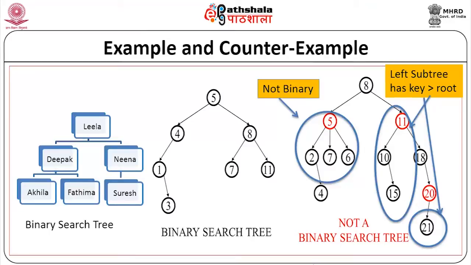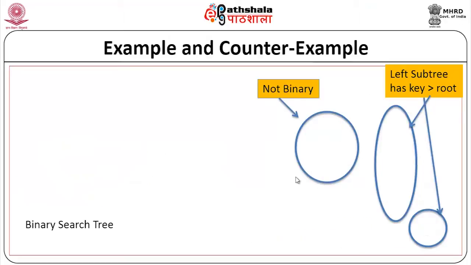There are different reasons why it is not so. If you look at this part of it, it is not a binary search tree because it is not binary, that is obvious. Then in the left subtree, the key is greater than the root; in both cases the left subtree key is greater than the root, so it does not follow the binary search property. So, this is not an example of a binary search tree.